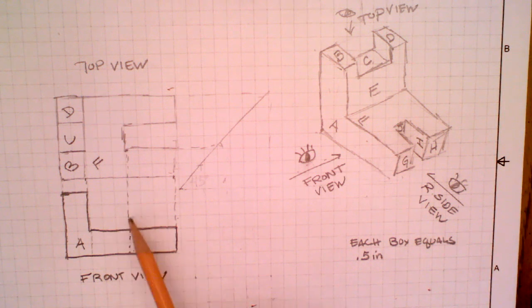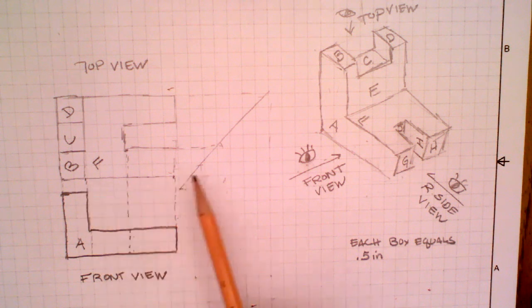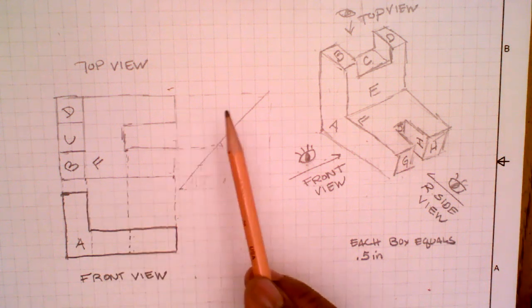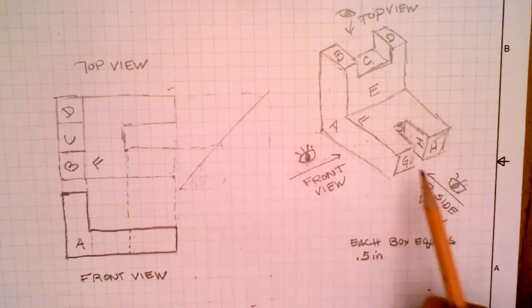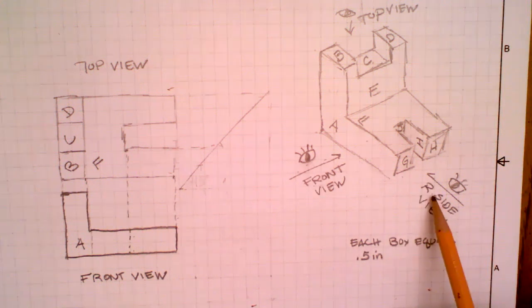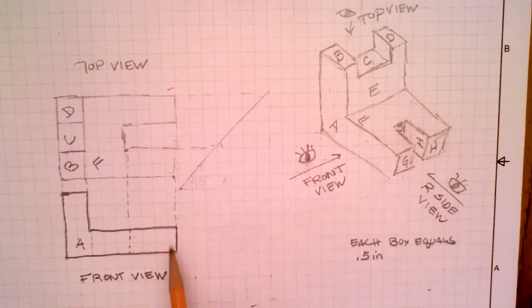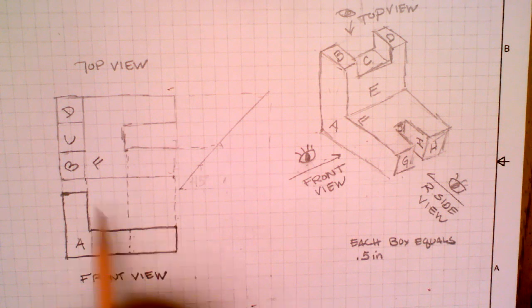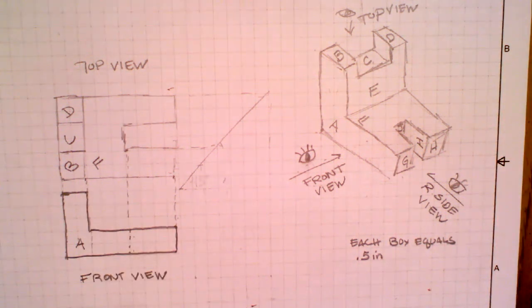And now what we're going to do is we're going to project from the front view over and from the top view over and down to get what we call our right side view. So to do that, in the front view, I got 3 points, point 1, point 2, point 3. And so I'm going to project them over.